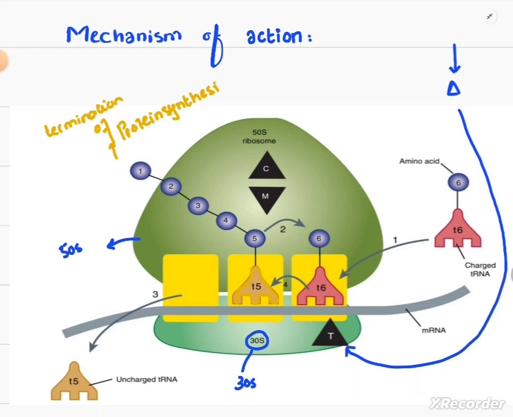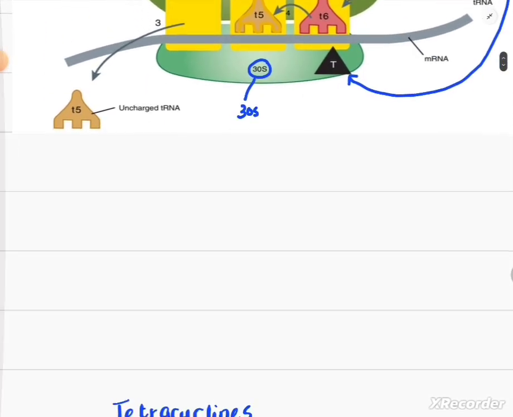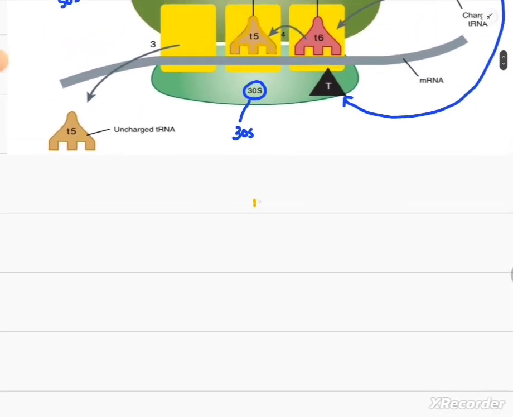So this is how they act in the bacteria, which means that the first step is the binding, and they bind to the 30S subunit. After binding, they block the process of translation.